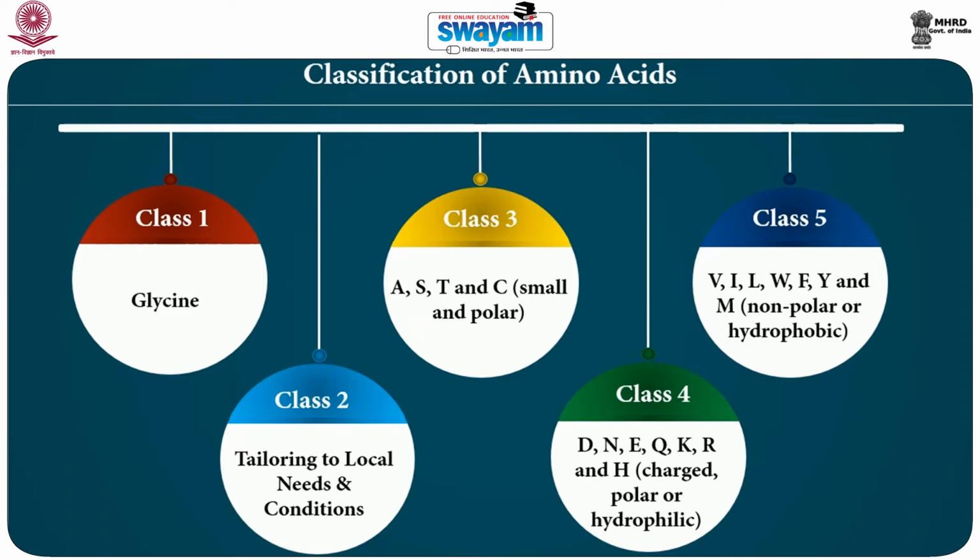Class 4: D, N, E, Q, K, R, and H. These are charged, polar, or hydrophilic amino acids. And class 5 is valine, leucine, isoleucine, tryptophan, phenylalanine, tyrosine, and methionine. These are non-polar or hydrophobic amino acids.